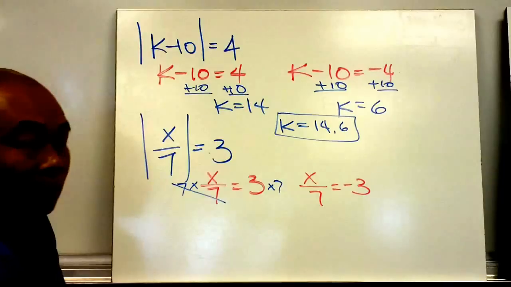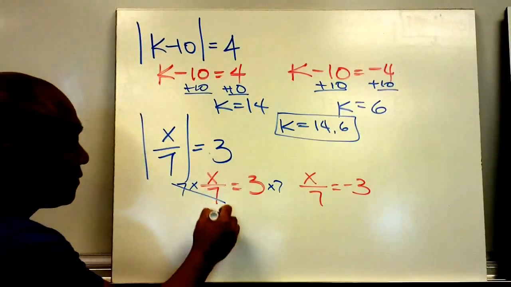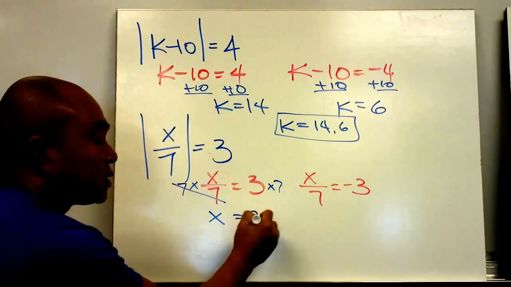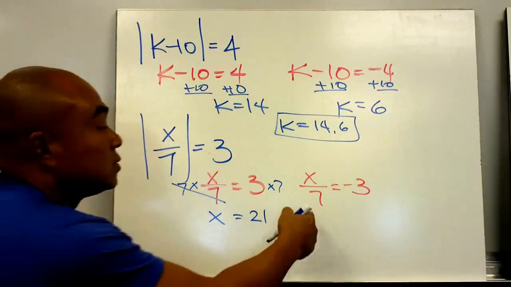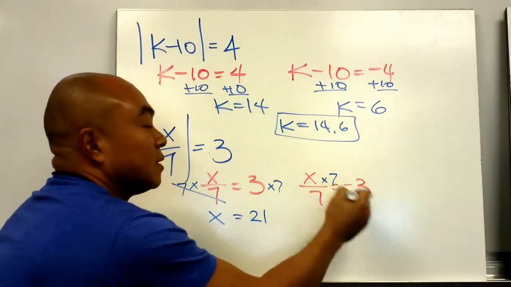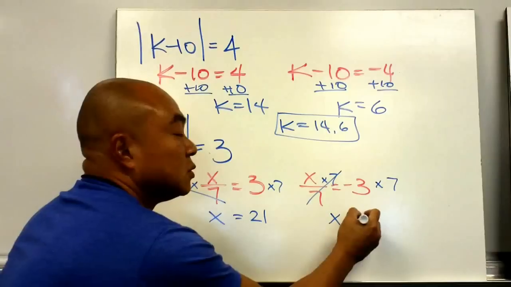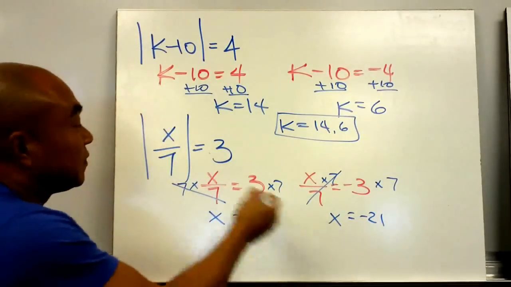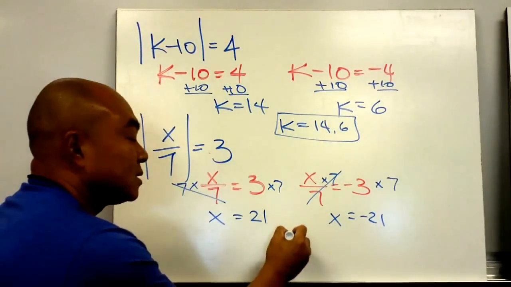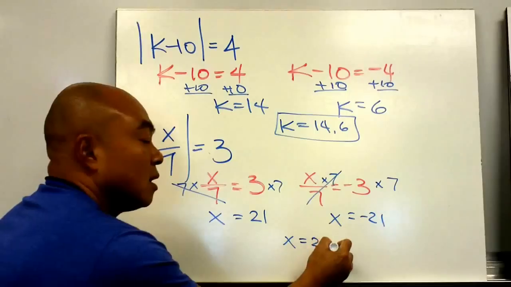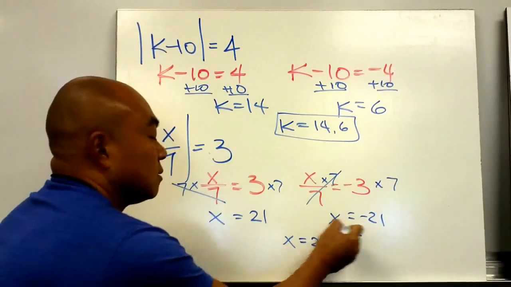That is, 7 over 7 is 1. I have x left, and my first answer will be 21. Do the same thing here. I'm going to multiply this by 7, multiply this by 7. That's gone. x is equal to negative 21. So my answer for this particular problem is x could be both 21 and negative 21.